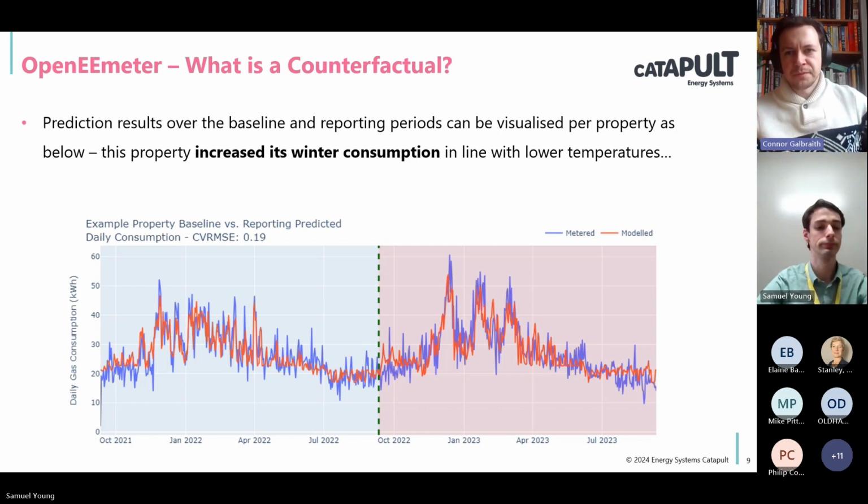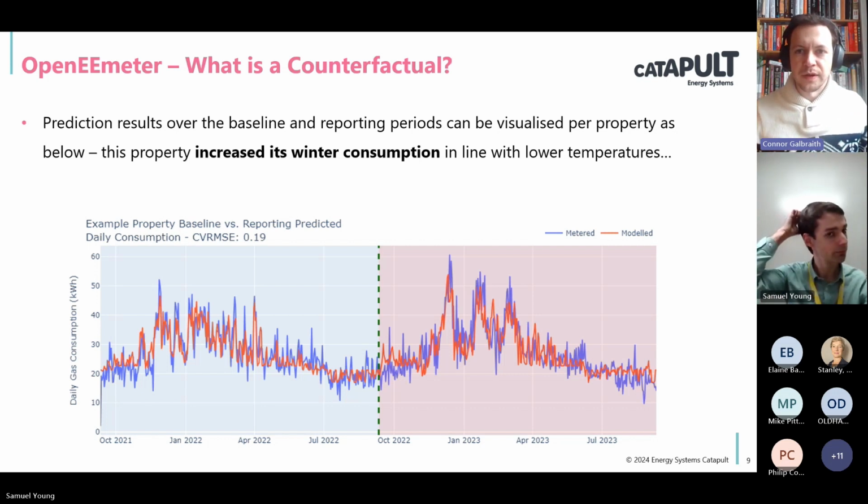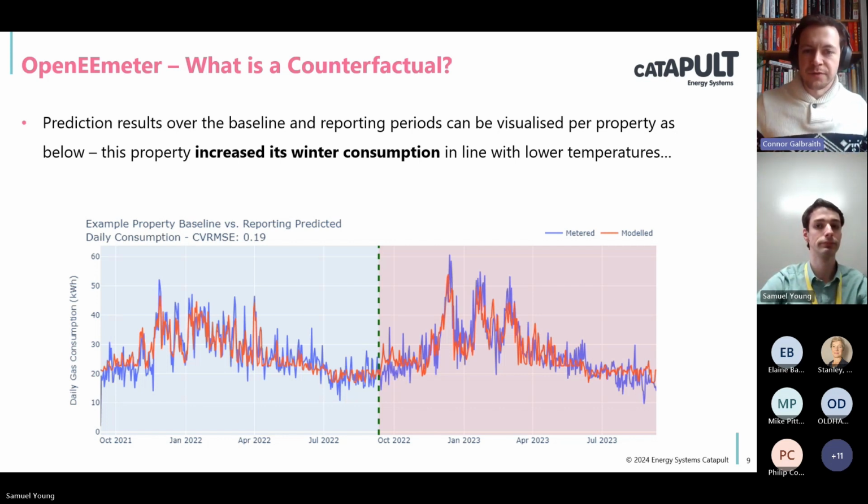For each property in our data set, we have a baseline year, up until the point at which we assume an imaginary retrofit, and then a year's worth of reporting after that, from which we can evaluate the real impact of the retrofit on the energy consumption of the property. Our data set doesn't have any retrofits, so our hypothesis is that the counterfactual should be predicting the energy usage after our imagined retrofits at the midway point of the 2-year period.